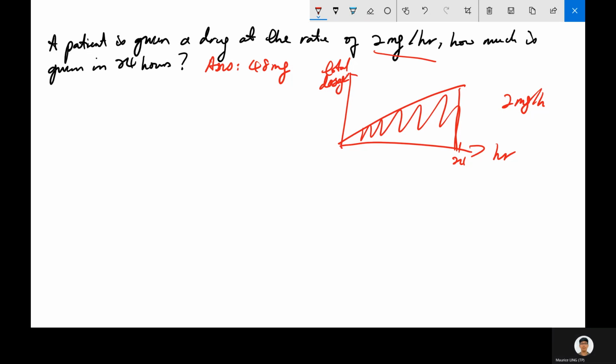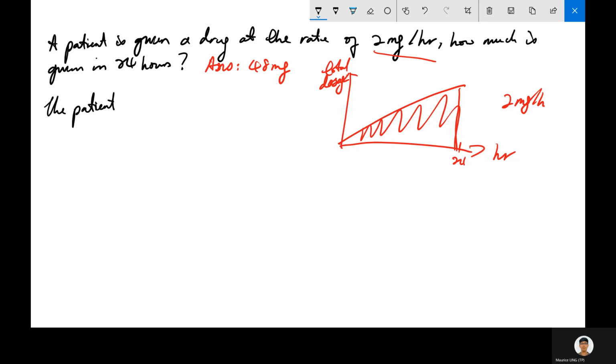Now, a lot of drugs are not given this way. What if I tell you a slightly different story? Do you think a patient doesn't metabolize the drug? Do you think a patient will metabolize the drug away through your cytochrome P450 pathway and all this, right? That's your liver metabolism or your kidney filtration.